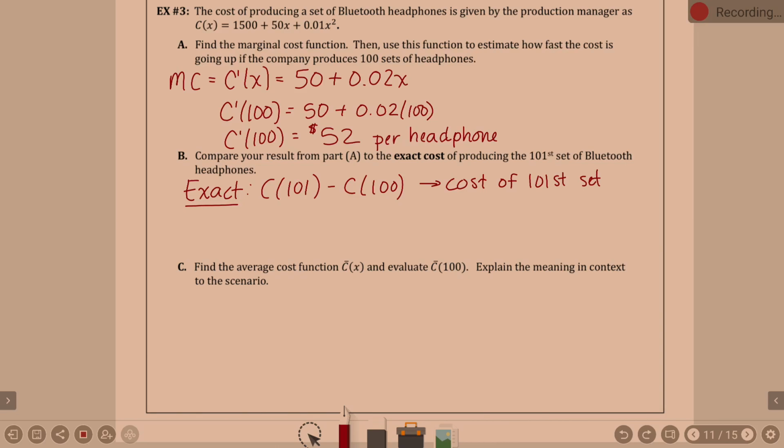That's not right. Is it? Nope. What did I type in wrong? See what you get.